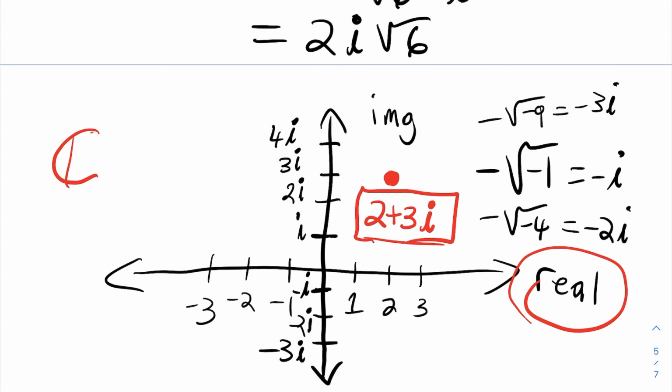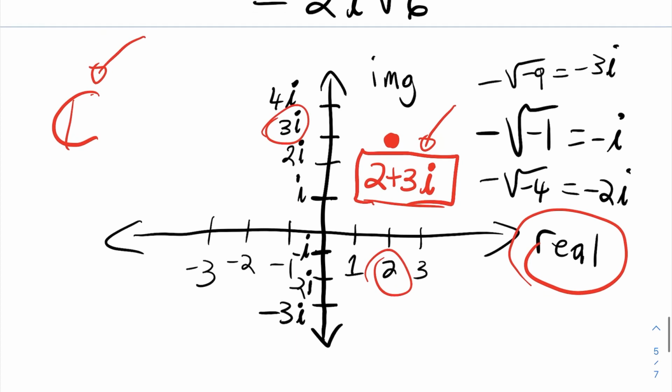All real numbers, 2 itself is a complex number. All imaginary numbers, 3i itself is a complex number. But the combination of the two, a real plus an imaginary, is neither fully real nor fully imaginary. It's in the set of complex numbers. The set of complex numbers, the complex number system.